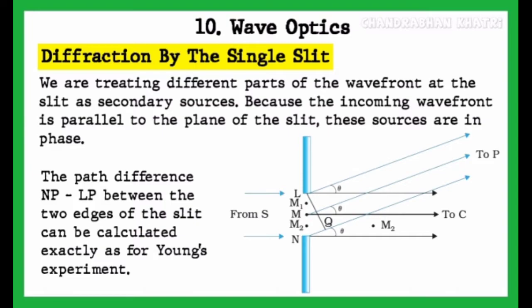The path difference NP minus LP, as you can see in this diagram, between the two edges of the slit can be calculated exactly as for Young's experiment.